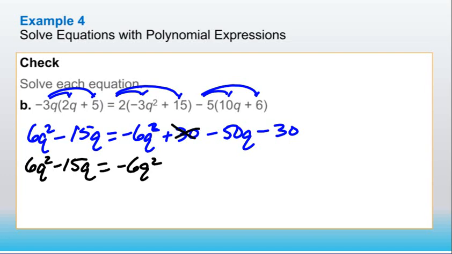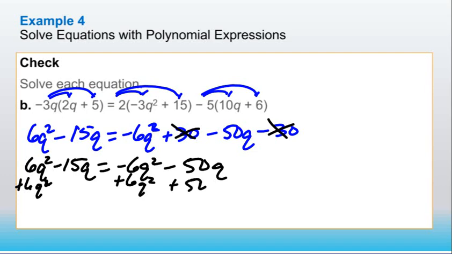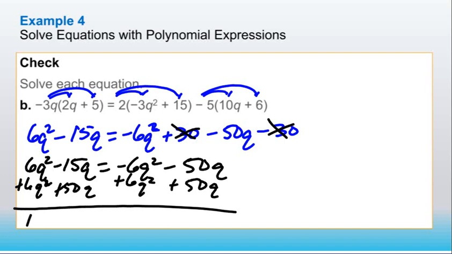I now have the 30s cancel out, minus 50q. Going to add 6q squared to both sides. And then I'm going to add 50q. Now have 12q squared plus 35q equals 0.